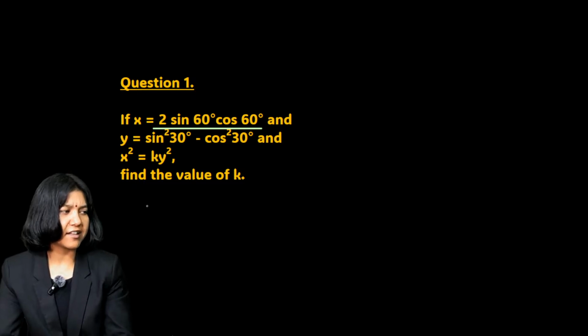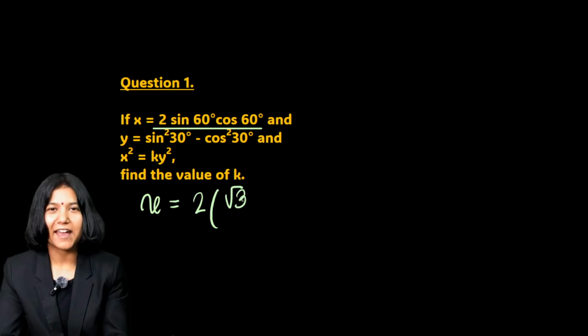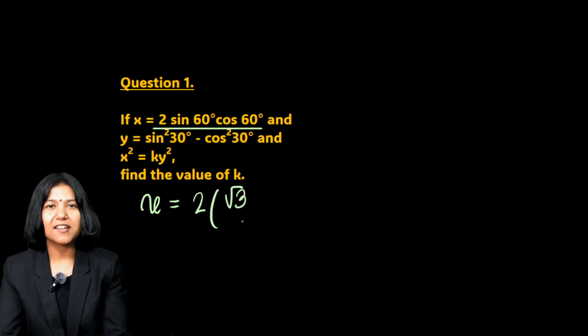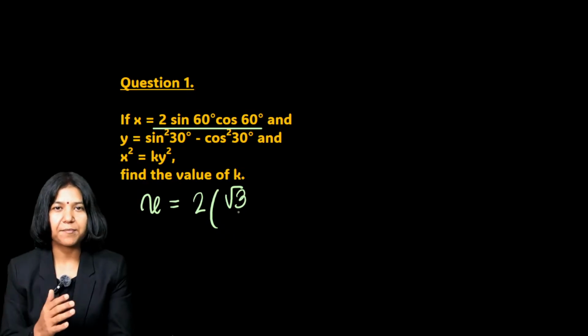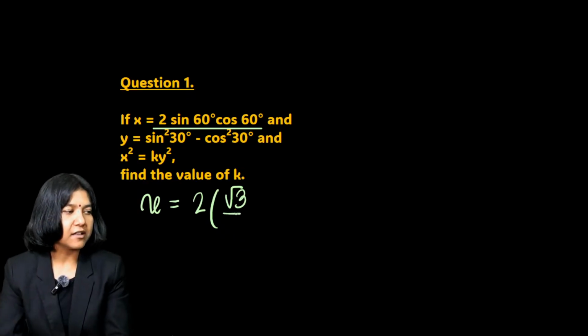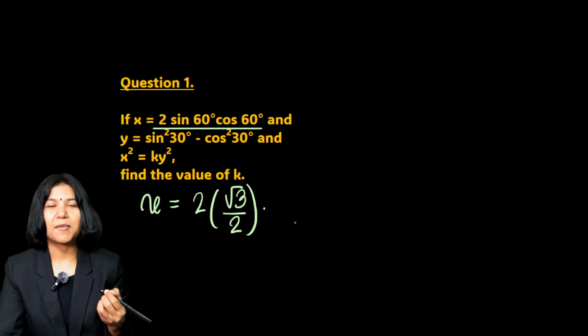So let's get started. The given information is x equals 2 sine 60, and I know that sine 60 can be written as root 3 by 2. When the angle is 60 degrees, then the ratio of perpendicular to hypotenuse will always be root 3 upon 2, whereas cos 60 is the same as sine 30.